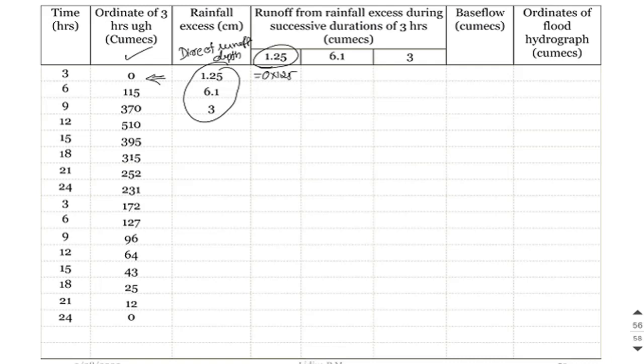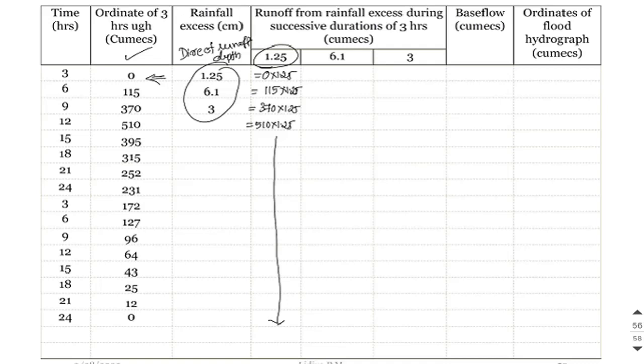Here it will be 115 into 1.25, 370 into 1.25, 510 into 1.25. Like that, find out all the values. This is the runoff ordinates due to rainfall excess of 1.25 centimeter.